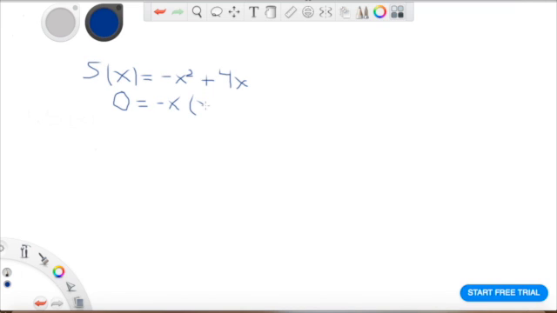We can right away factor out an x. So we can factor it into x times (-x plus 4). So our friend Pete will be back at his place when he is at 0, so when x is 0, and at 4 seconds, because since we factored out, we know that.